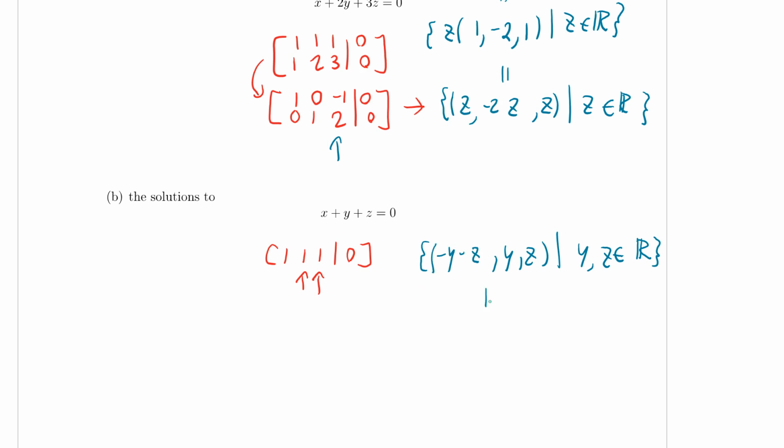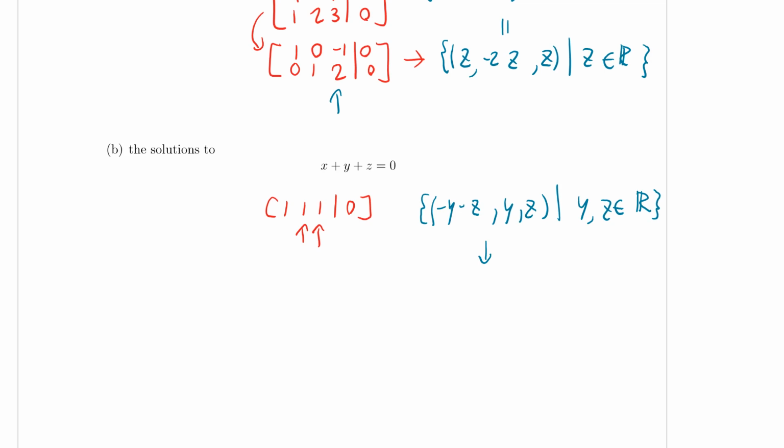Let's see. Notice that if I separate the y and the c out, anything that can be written in this form is actually just the sum of negative y, y, 0, plus negative c, 0, c, where y and c are real numbers.